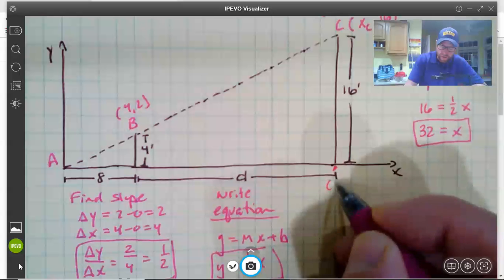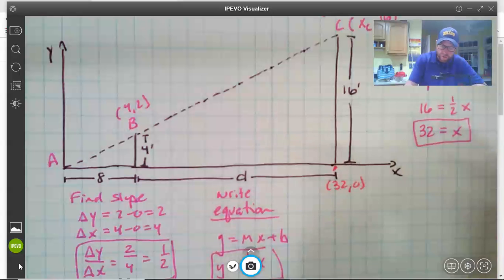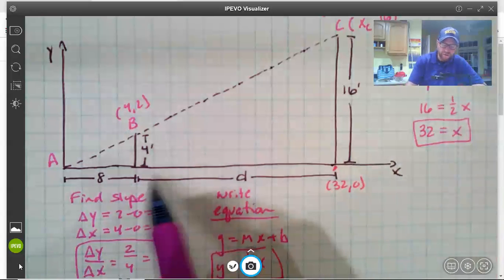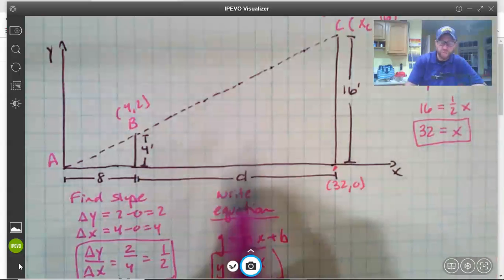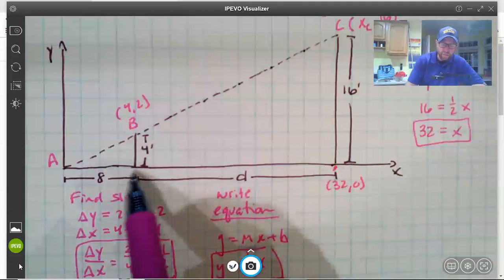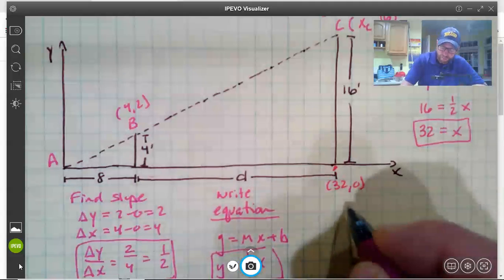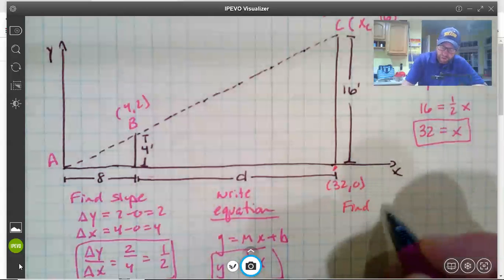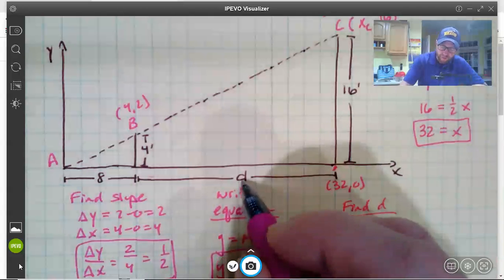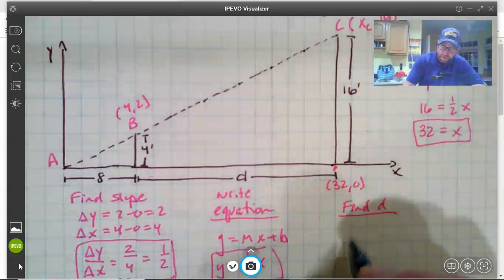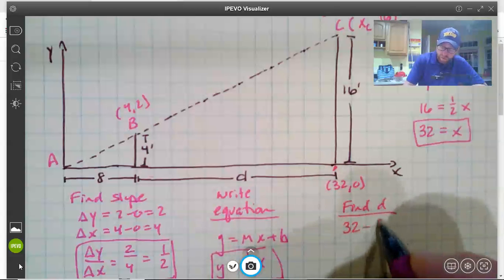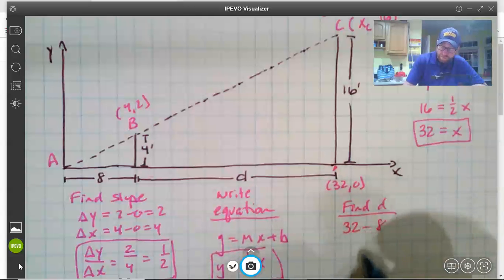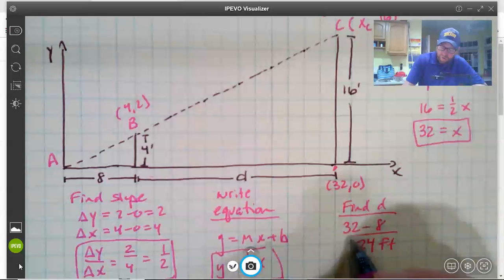But that doesn't tell us how far away the boy, or girl I suppose, is from the street light, because we have to take off this original 8 feet. So we'll say find D, because I've labeled D right there on our diagram. And it's just 32, take away 8, which is 24 feet.